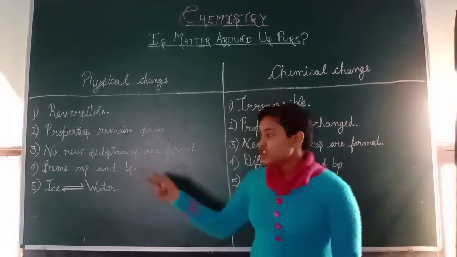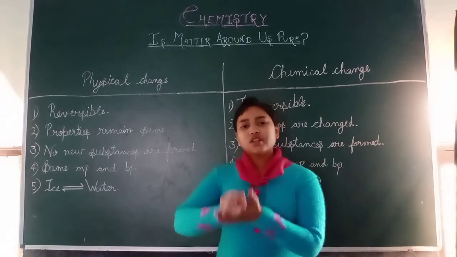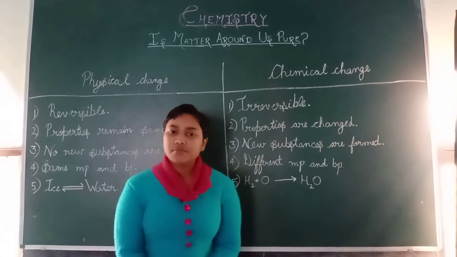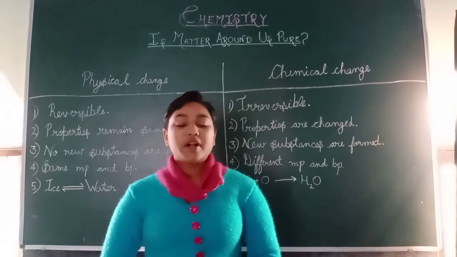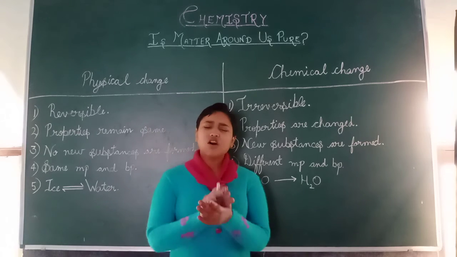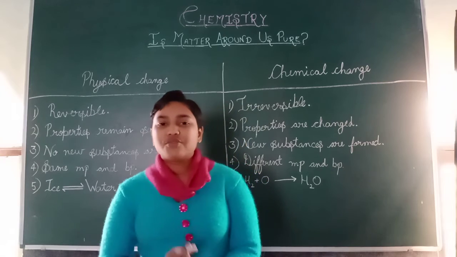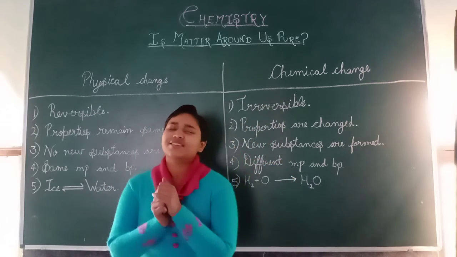But in physical changes, there are the same melting and boiling points. There are many examples of physical and chemical changes in your life: burning of wood, burning of paper, etc. These are chemical changes. Cutting of delicious, ripe, sweet fruits, etc. are physical changes.